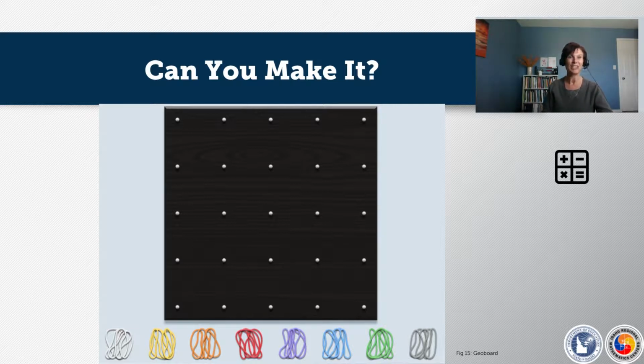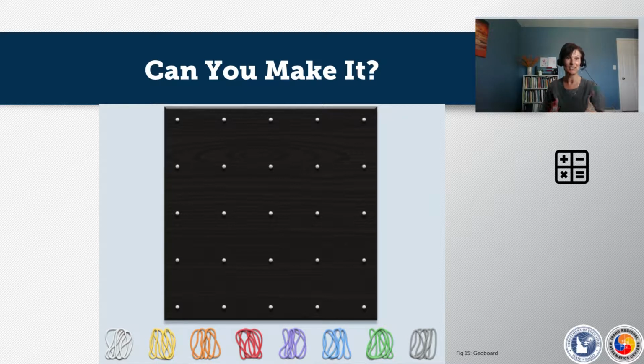Can you make a shape with only one square corner and four sides? Another challenge, can you make a shape with two square corners? Or maybe we could even enhance that.